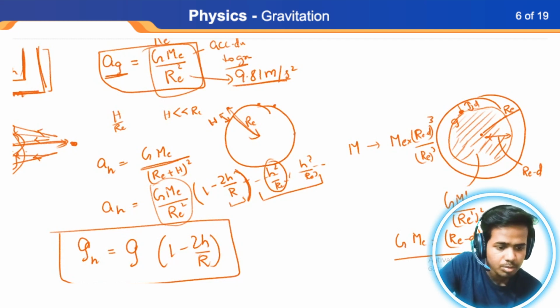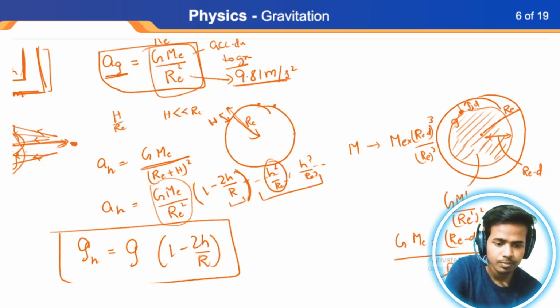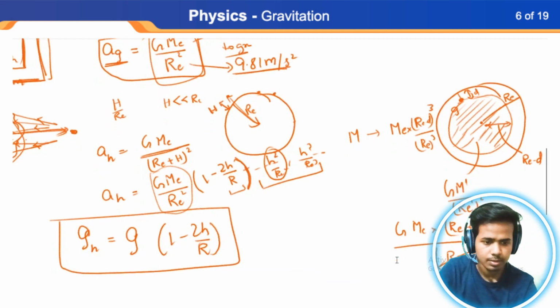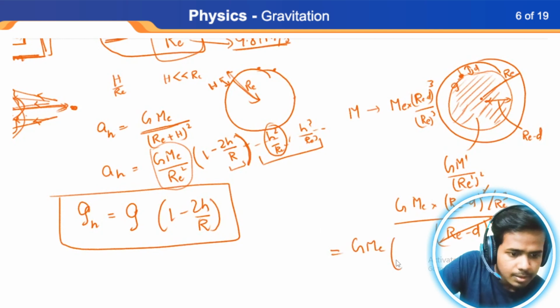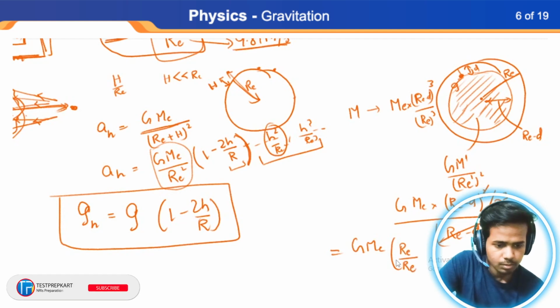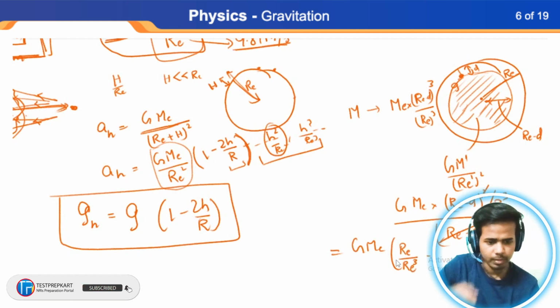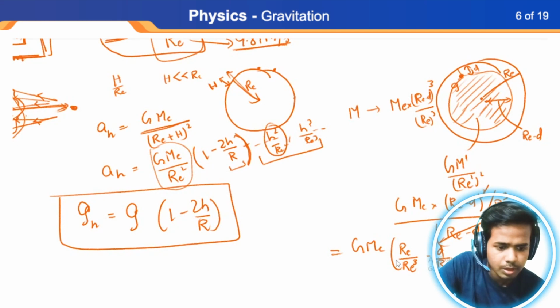Now this term and this term are the same, so what I'm left with is G Me into Re divided by Re cube minus d divided by Re cube.